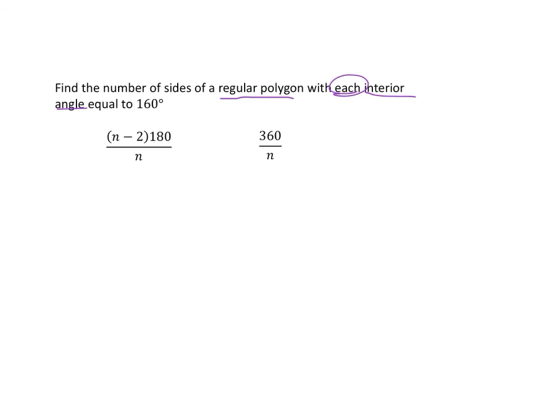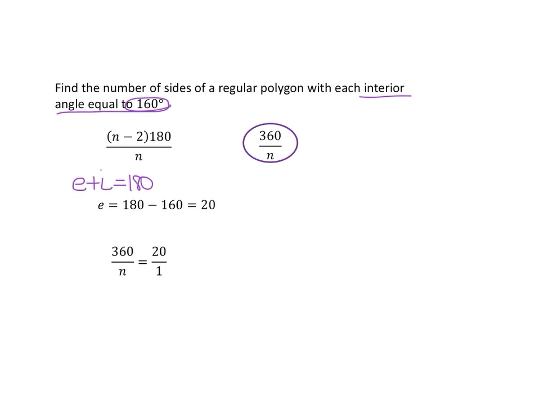But based on the information we just learned, it would be easier to use this formula, because we know that each exterior plus interior is 180 degrees, in other words, a linear pair, and we know that each interior angle is 160, we can subtract 160 from 180 to get the exterior angle, which is 20.